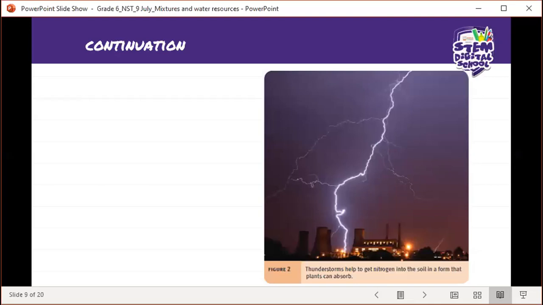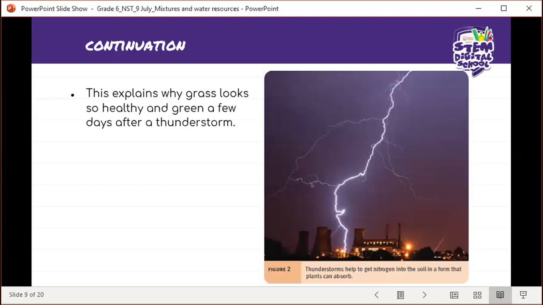So thunderstorms help to get nitrogen into the soil in the form that plants can absorb it. Okay, so guys, this whole concept of oxygen as well as nitrogen mixing explains why grass looks so healthy and green days after a thunderstorm, because our plants use nitrogen.